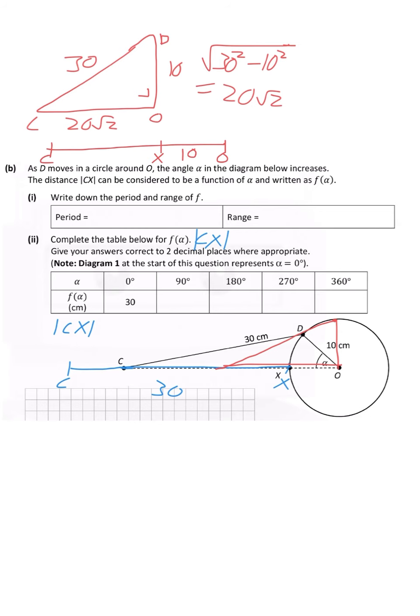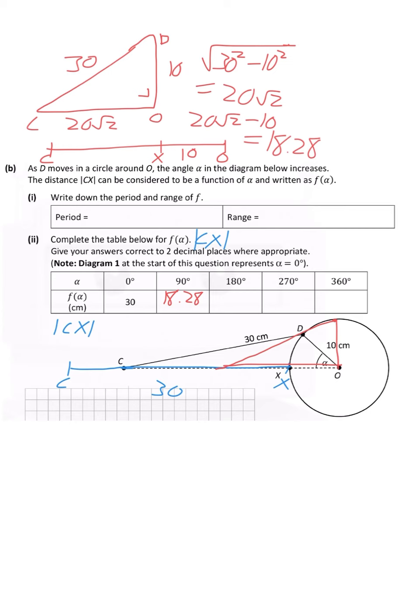So then to find CX, we'll have 20 root 2 minus 10, and that will be equal to 18.28, correct to 2 decimal places. So fill that in here, 18.28.